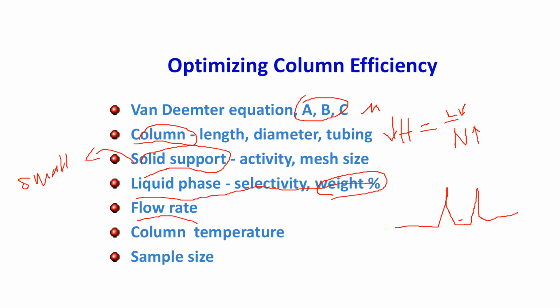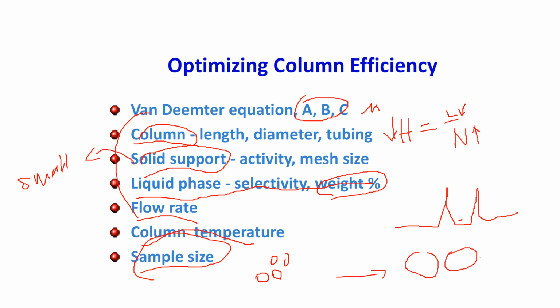And of course, the flow rate related to this Van Deemter, column temperature, as well as sample size. So if you are separating amino acids, for example, amino acids are small, drugs are also small, so they are easily absorbed and dissolved as compared to a large analyte, such as the albumin.